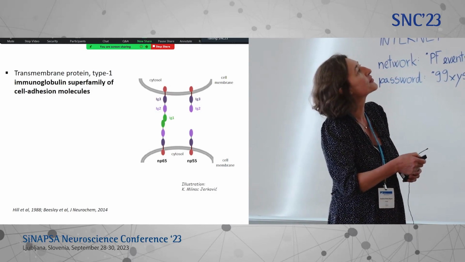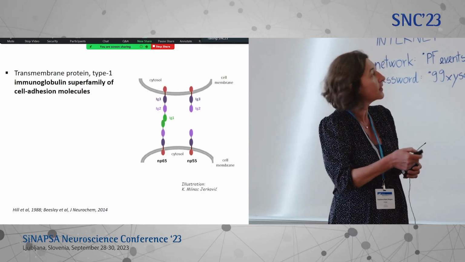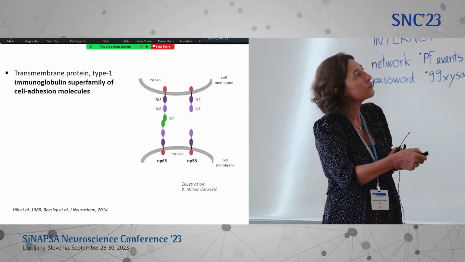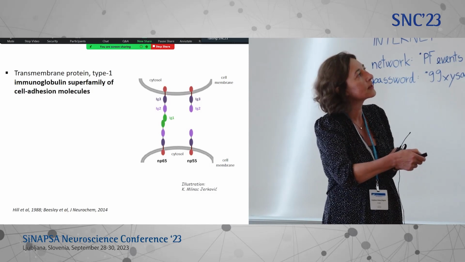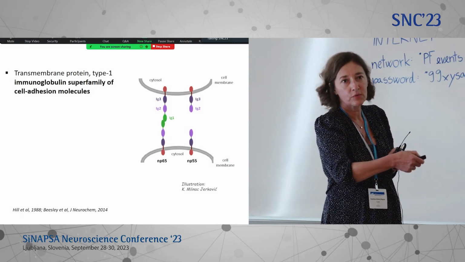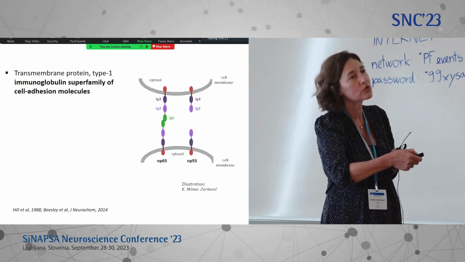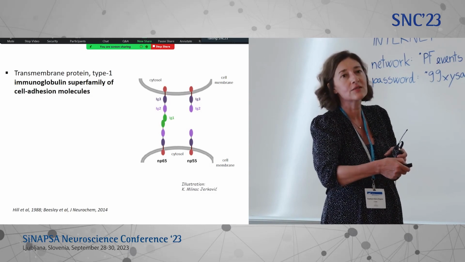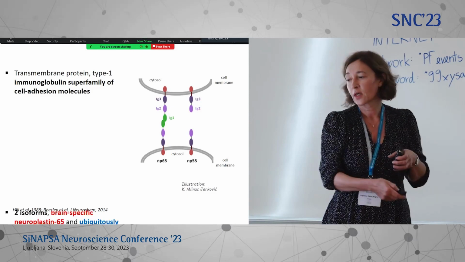What is the difference between those two isoforms? If you see it, isoform NP65 has 3 Ig modules, and they can be expressed in the neighboring cell membranes, so they can make interactions between two membranes. On the other hand, the smaller isoform, NP55, can make so-called cis interactions with partners which are at the same membrane.